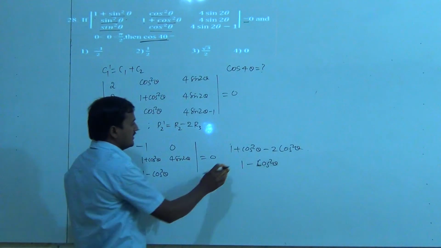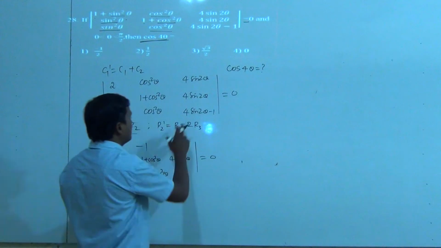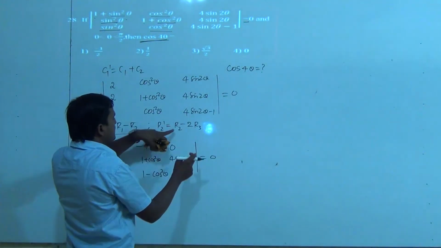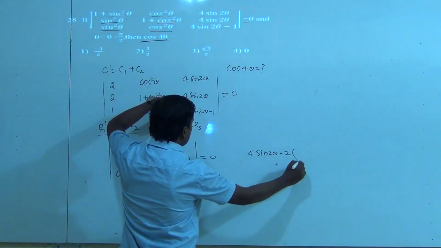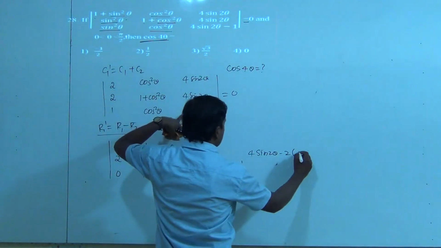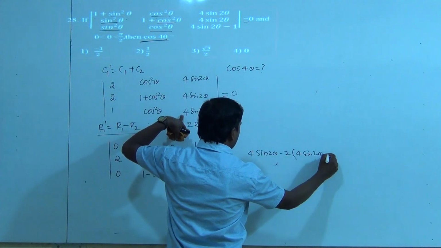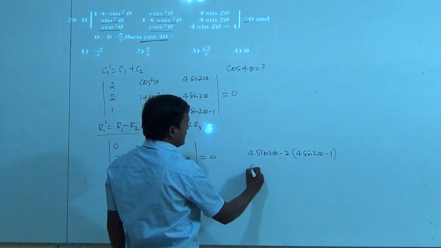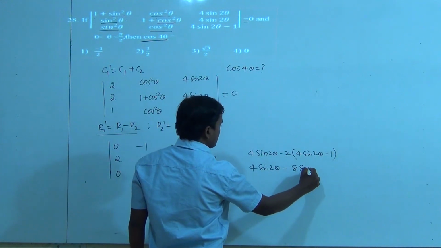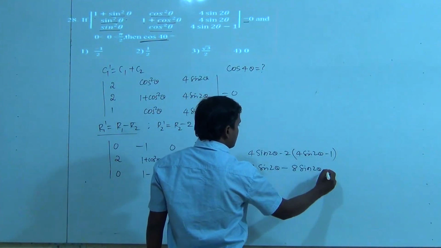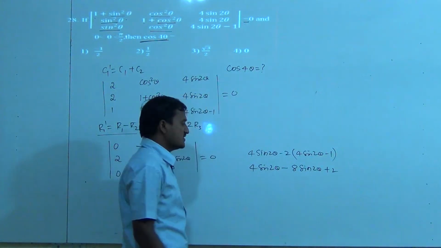Okay, we'll go for this element, right? So this element is, what is R2? It is 4 sin 2 theta minus 2 into R3 is 4 sin 2 theta minus 1. So simplify this one. 4 sin 2 theta minus 8 sin 2 theta, minus into minus what? Plus. So that is plus.